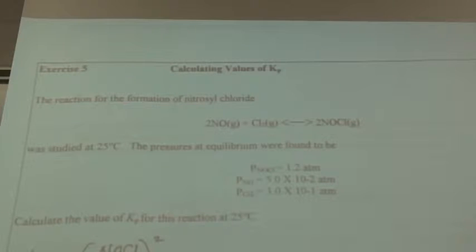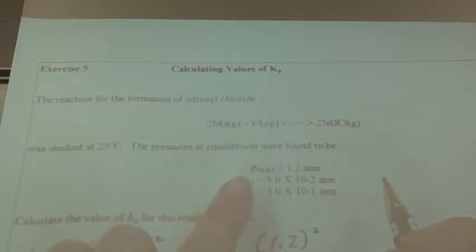So now I can add some numbers into that. NOCl squared over NO squared times Cl2. I thought Kp equaled Kc RT delta n? We are just finding Kp, and they told us the pressures at equilibrium were this.